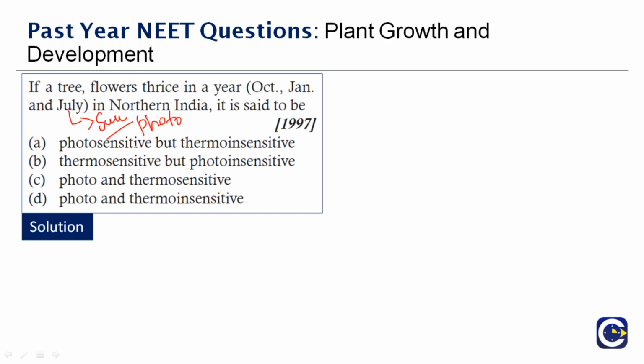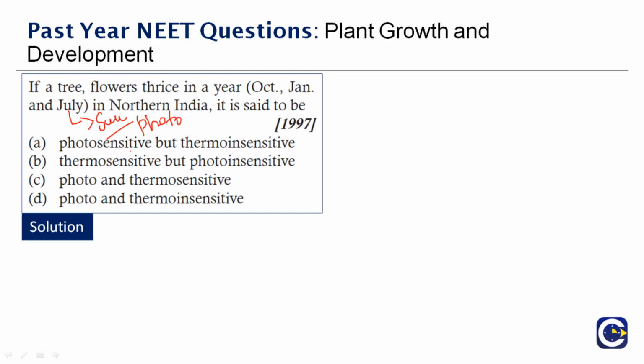Now, during October and January in the Indian climate, you will not have much temperature and not much photoperiod either. So the scenario is very understandable, where they have given you the months as well, so it is easy for you to judge the answer.